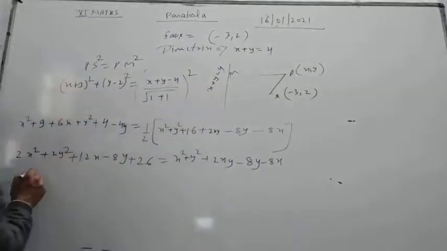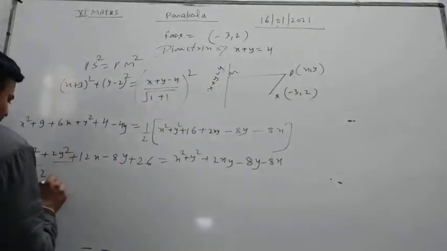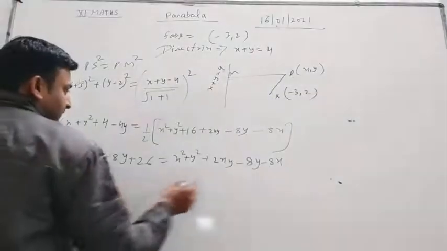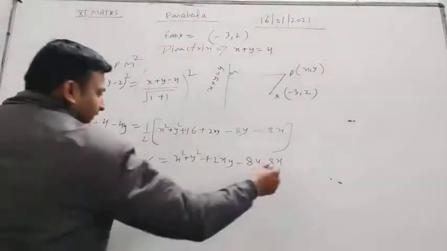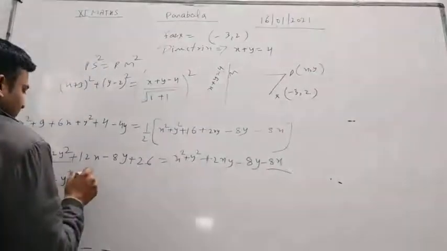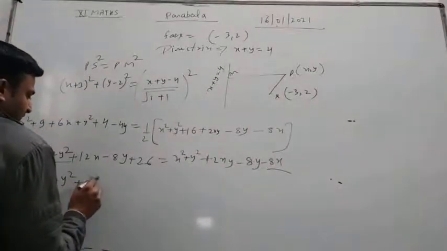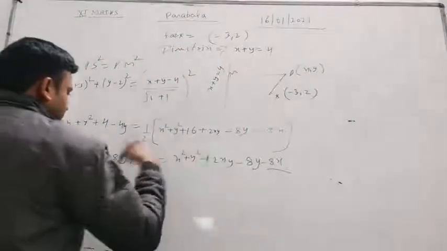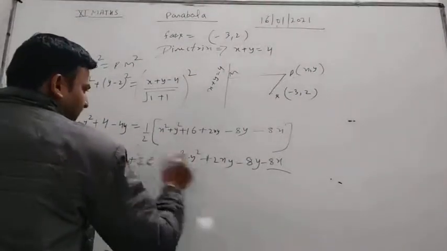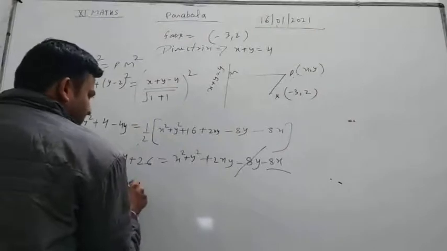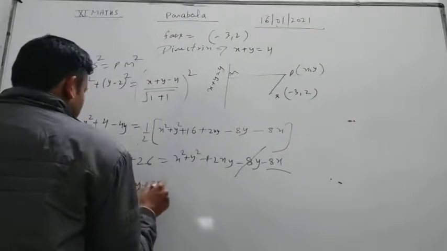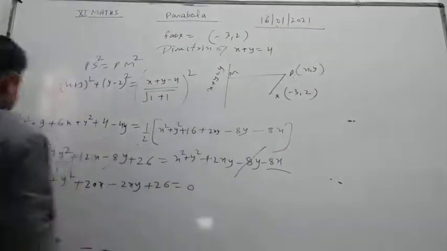Now we have x square and y square. Taking 8x, we get 20x, and minus 8y cancels, minus 2xy plus 26 is equal to 0.